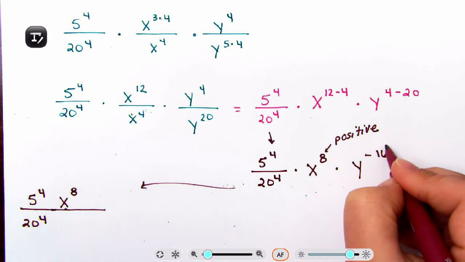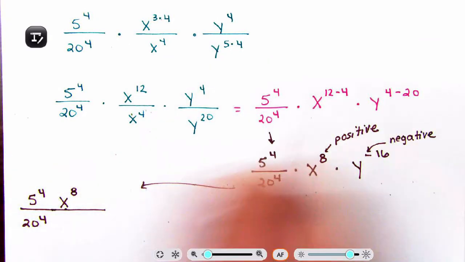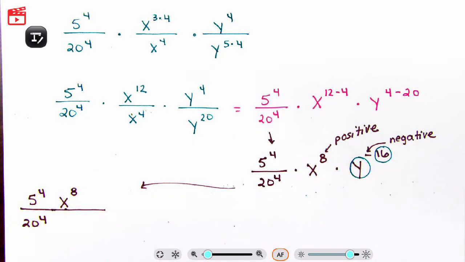This here is negative. And because the exponent is negative, the base and the number of the exponent belong in the denominator. So I'm not actually bringing the negative with me. The negative just tells you, hey, put it down at the bottom. So I've dealt with that. The only thing I didn't deal with is the numeric.